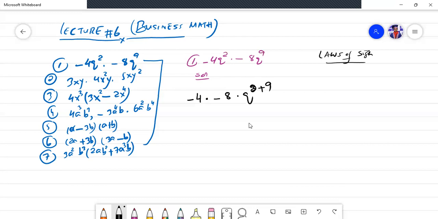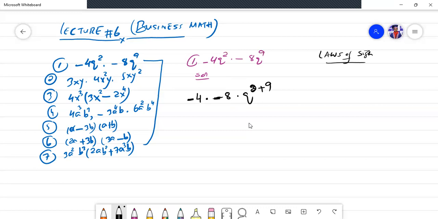Now let's take the second part of the problem. What is the second part of the problem? The second part will be solved according to the laws of signs. Why? Because if you observe the equation, we have two signs and both are the same sign, that is minus 4 and then minus 8.